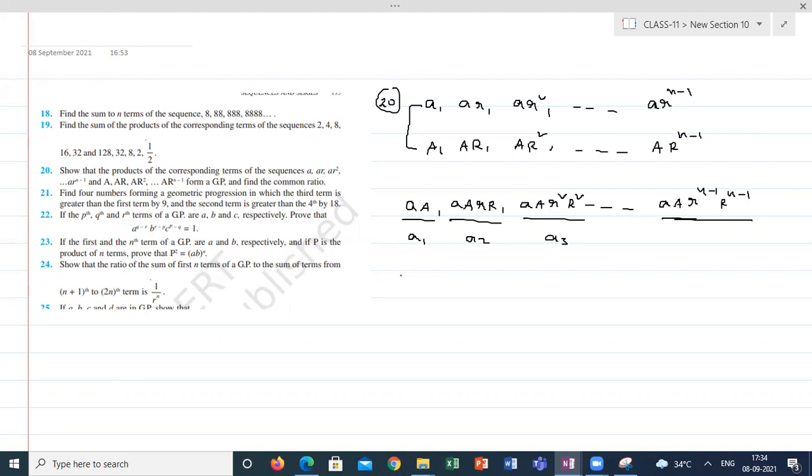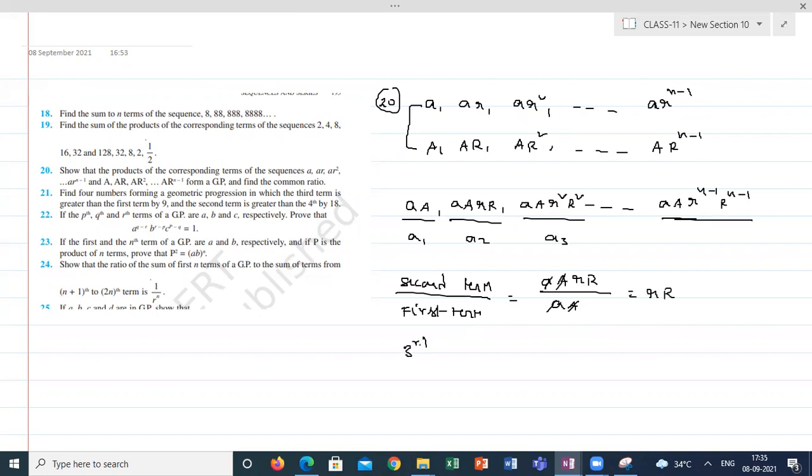To say whether it is in GP or not, second term formed by the products divided by first term is equal to A small r capital R divided by A. So I got the common ratio as small r capital R.